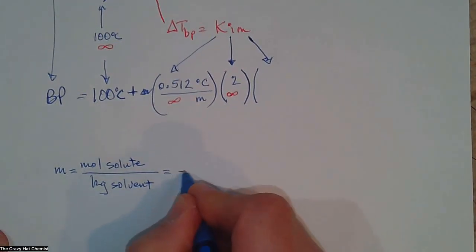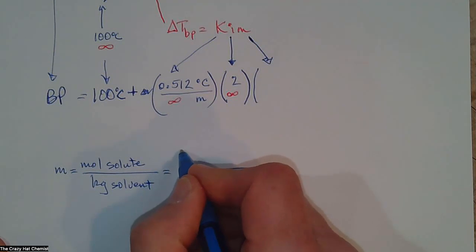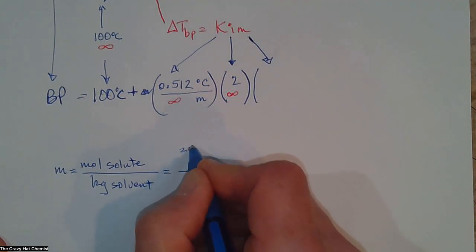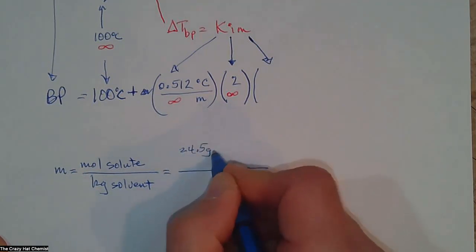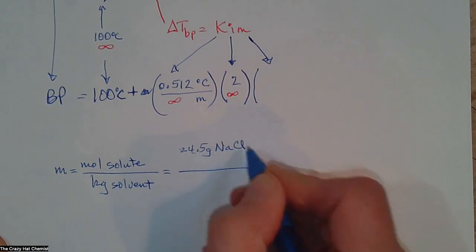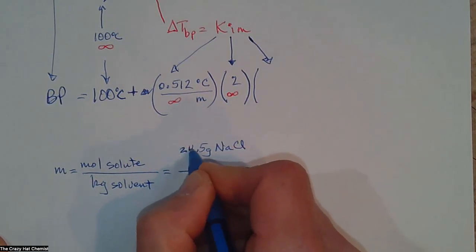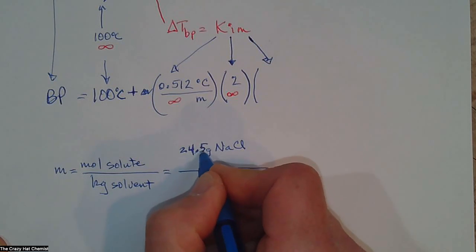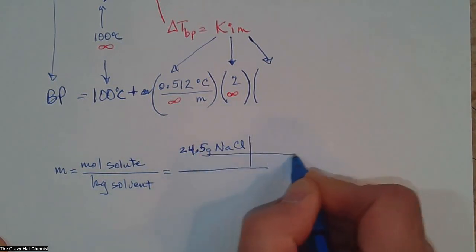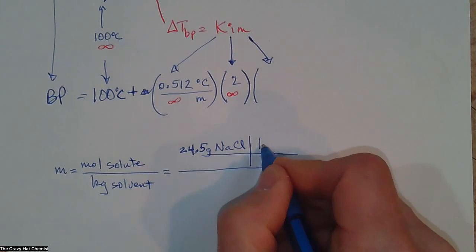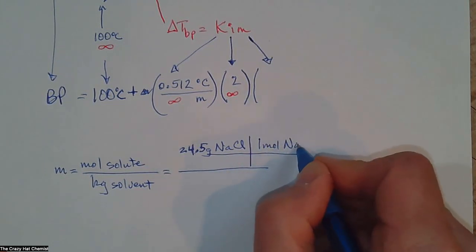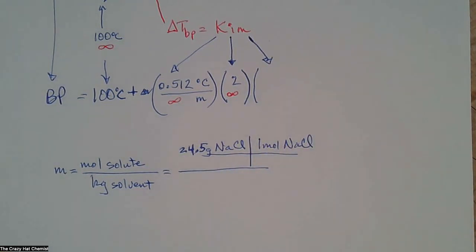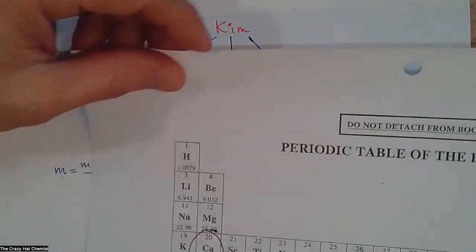So we have the 24.5 grams of NaCl. This is a mass. I need to convert this into moles using the molar mass. Okay, 1 mole of NaCl. And I'm going to look at my periodic table and I am going to find sodium.